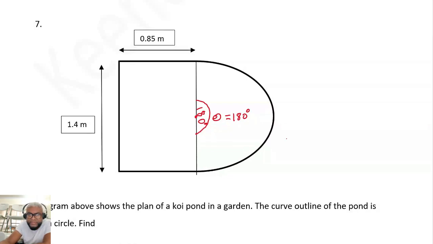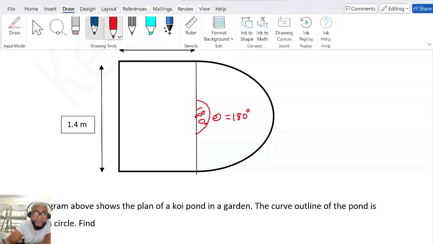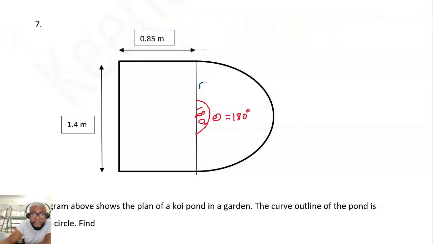What will be the radius in the semicircle? I'm just examining these things before I even start the question, right? Aiden Ramjan, what's the radius in the semicircle here? What's R? Anybody know it?